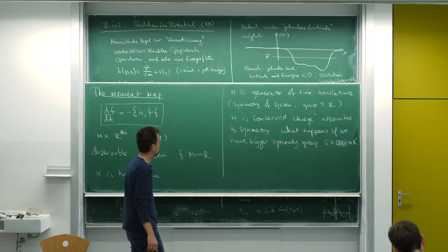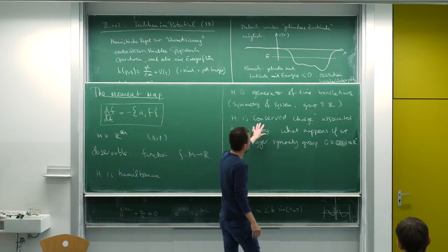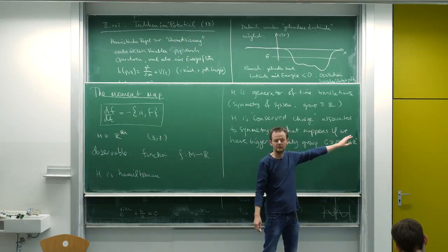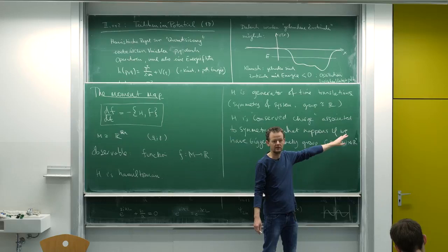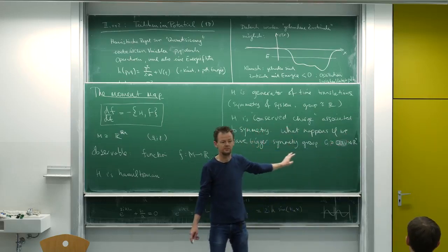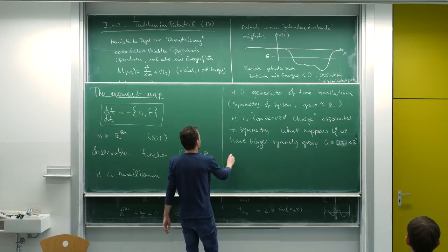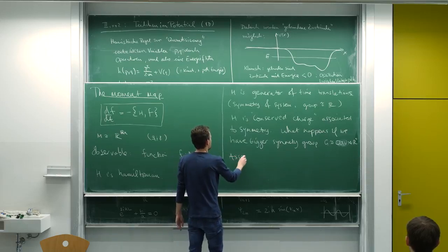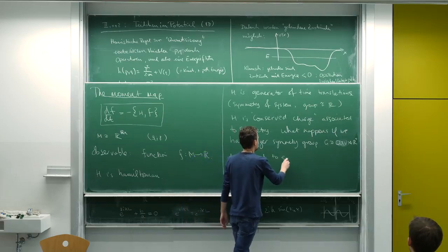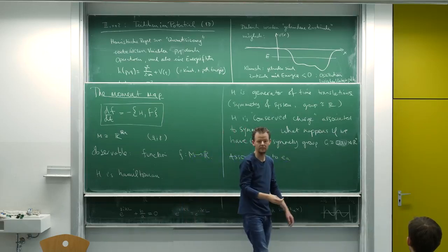Associated to each of these is a continuous symmetry group, and there's a generator associated to each of the possible infinitesimal transformations. There's a Lie algebra for this Lie group.